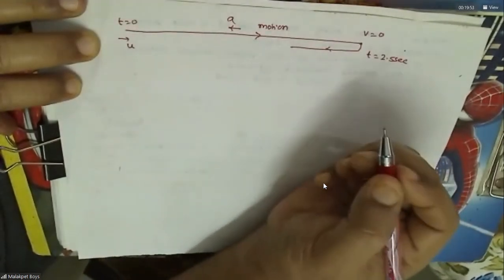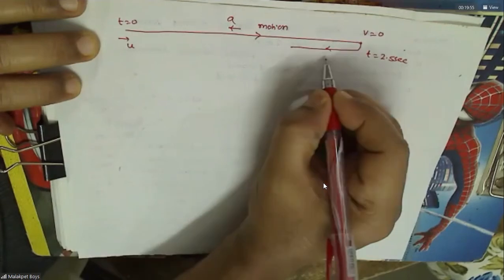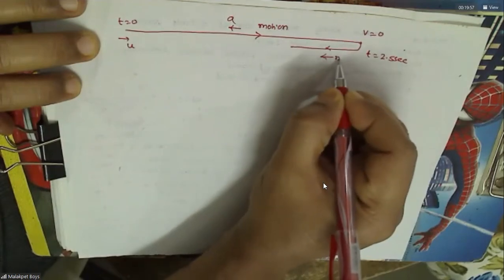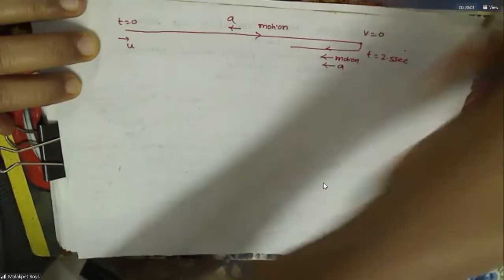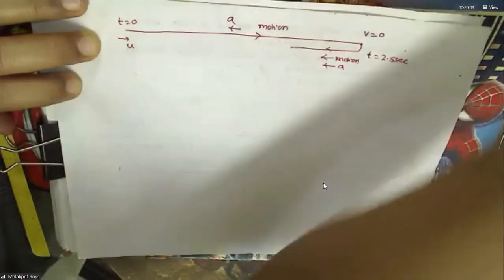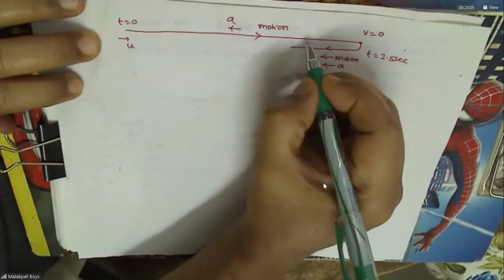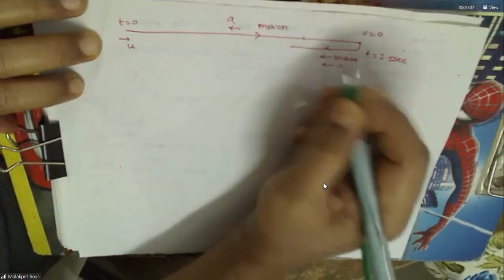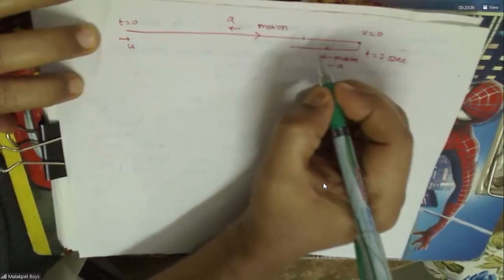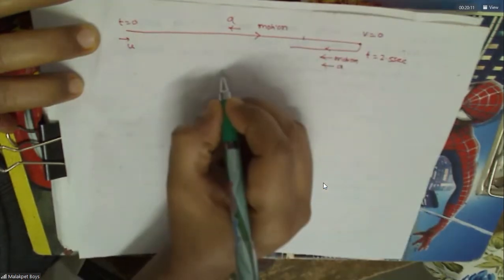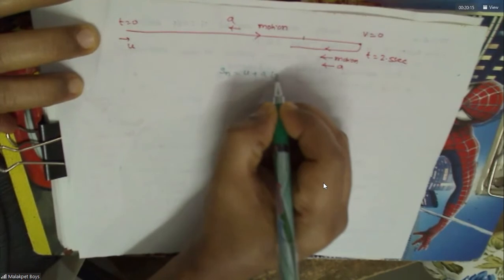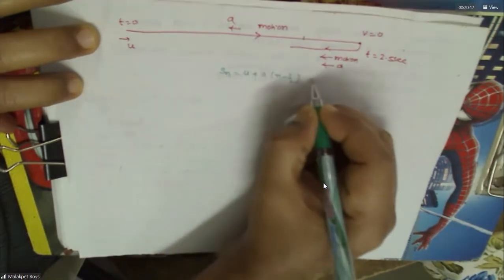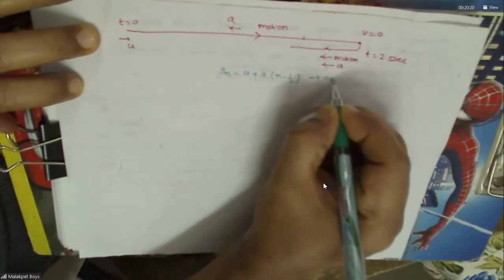Okay. What is it asking? Distance traveled in the third second now. Third second. Yes, sir. So that means here we cannot use the formula directly, because that is applicable from 2 to 2.5, then 2.5 to 3.